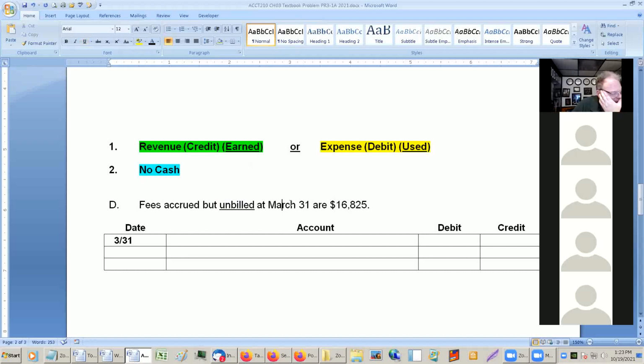This one's a little bit vague. What kind of account do you think these fees are going to be? Now, accrued but unbilled. That can be accounts payable.